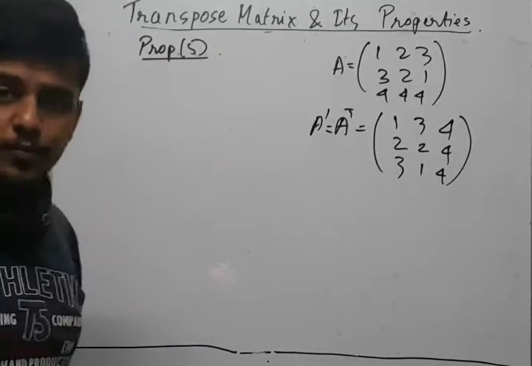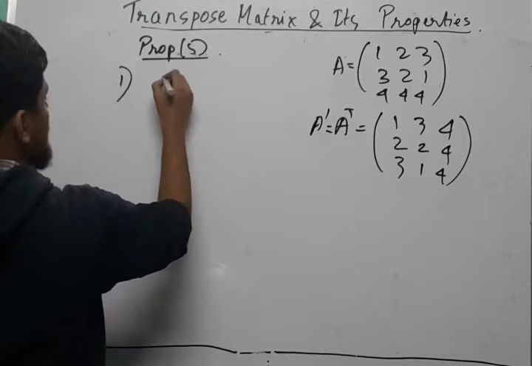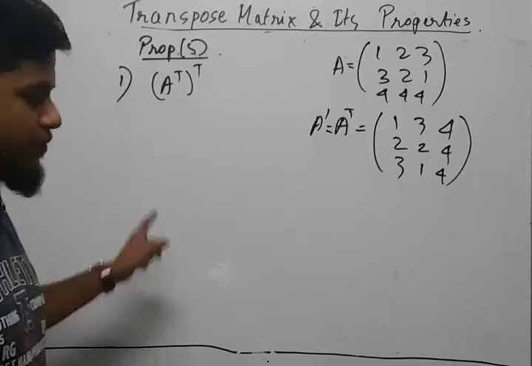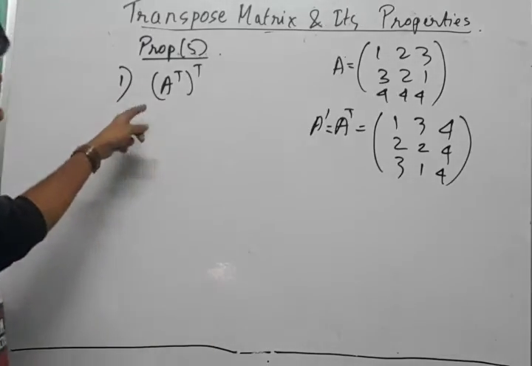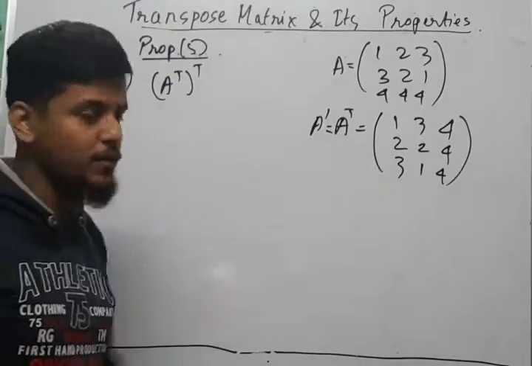The first property is that suppose we take the transpose of the transpose. We already have a transpose matrix of A and we take the transpose of that matrix. Then what will happen? We can take the example over here.